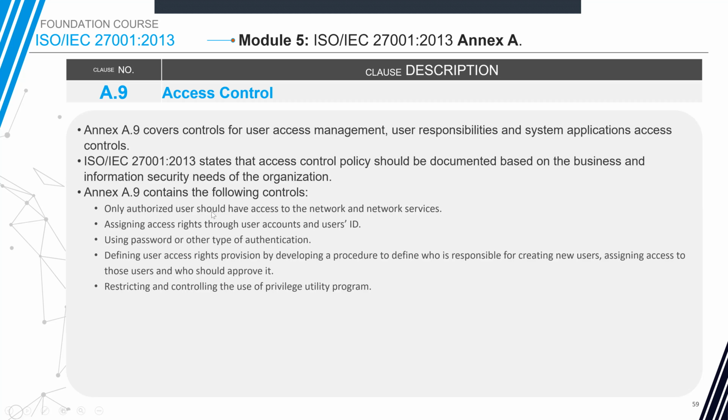Only authorized users should access the network, assigning access rights, which we call permissions or authorization, using password or other types, defining user rights, restricting and controlling use of privileged utility programs, which we call administrative accounts. Okay, is it clear? Yes.